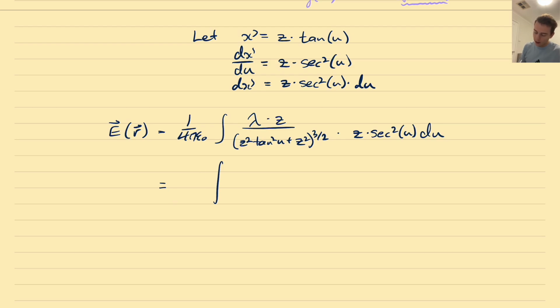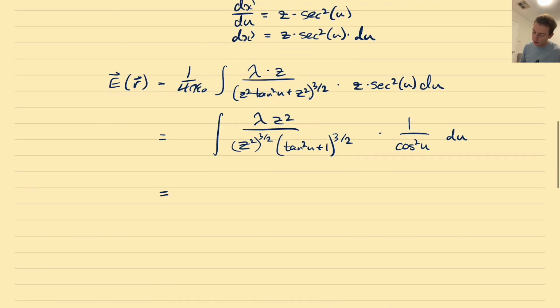I'll leave out this prefactor, I don't have to write it down every time. Lambda z squared divided by, let's see, there's a z squared to the power of 3/2 that factors out from all the rest of this, which remains as tan squared u plus 1 to the 3/2. And then I have a sec squared, which I like to write as cosine squared u because I don't like sec.